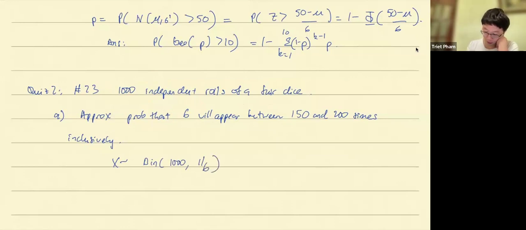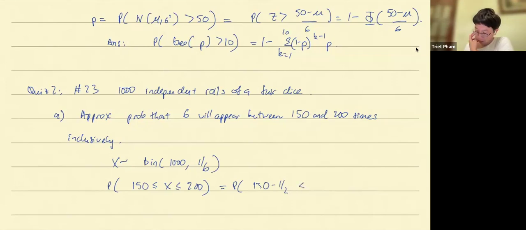Then what are you looking at? You're looking at the probability, inclusive, 150 less than or equal to X less than or equal to 200. And the first thing you should do is a continuity correction. Are we okay?